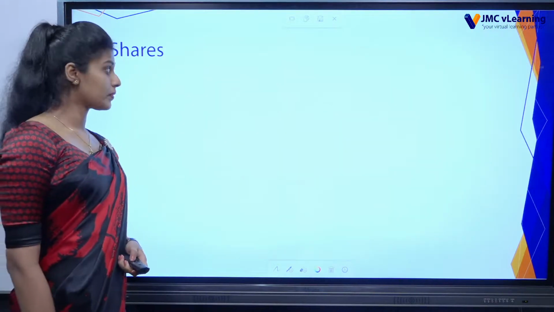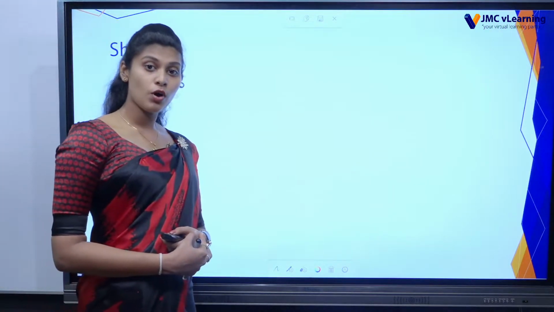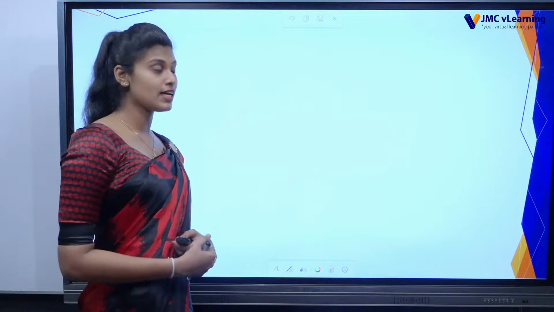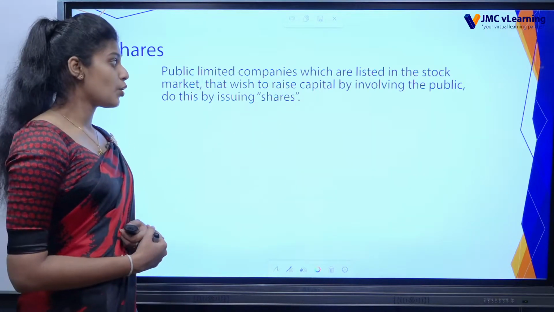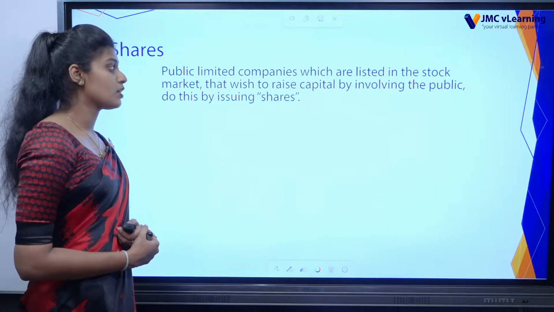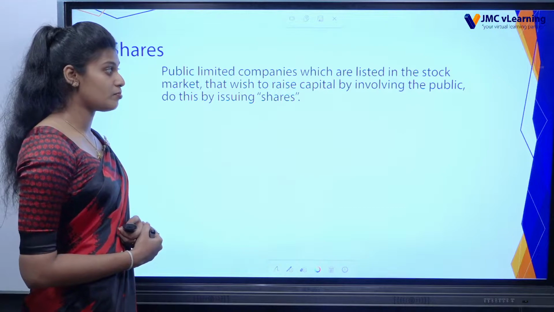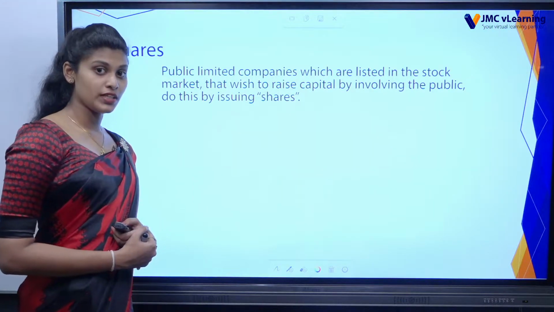Then shares. What are the shares? I gave a small description about the shares earlier. The public limited companies which are listed in the stock market that wish to raise capital by involving the public do this by issuing shares.